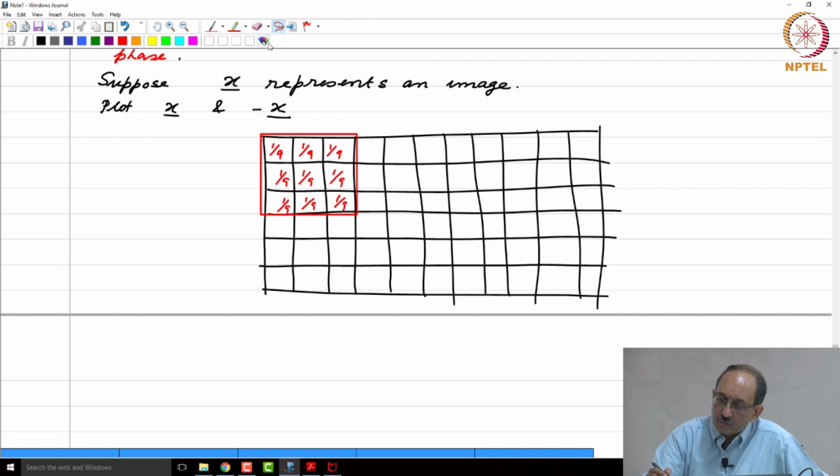So, this is the filter. Remember, what do you do when you want to filter? You keep one signal fixed, take the other, flip it around and then slide it across. In the 1D case, you have to slide to the left and to the right to cover all possible shifts. In the 2D case, you have to shift left and right, up and down.